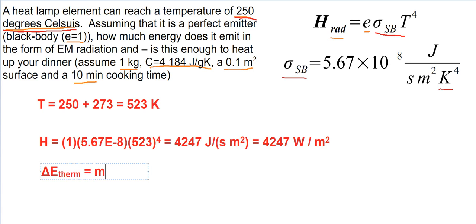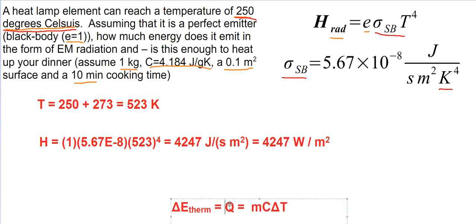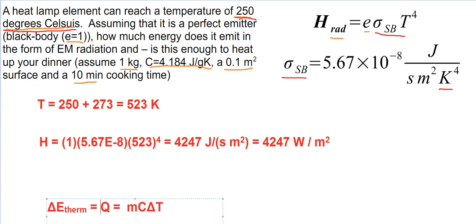This can be found via the standard heat transfer relationship to change in thermal energy, where the heat Q is equal to mc delta T. Now, this is going to help us find the temperature, but we first need to figure out how much thermal energy we're going to get from the system over 10 minutes in a particular area that we're given.